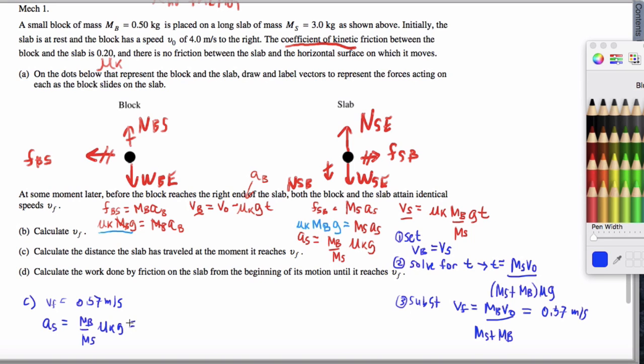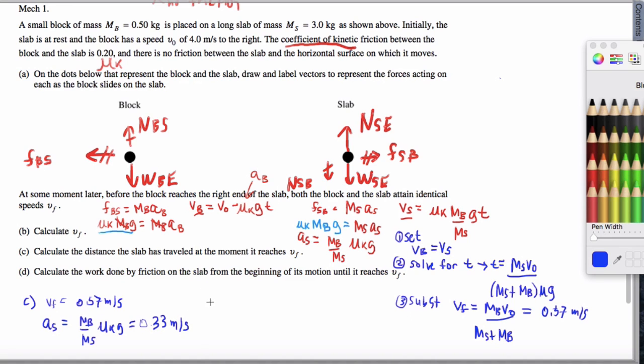And when we plug in those numbers, we end up getting that the acceleration of the slab is 0.33 meters per second squared.